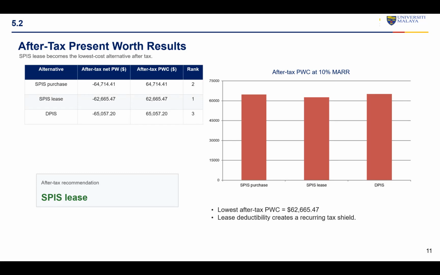SPIS purchase has an after-tax present worth cost of $6,471.41, and the DPIS has $6,507.2. Therefore, after considering taxes, the present worth method recommends SPIS lease. The main reason is that lease payments are deductible expenses and create a recurring tax shield.